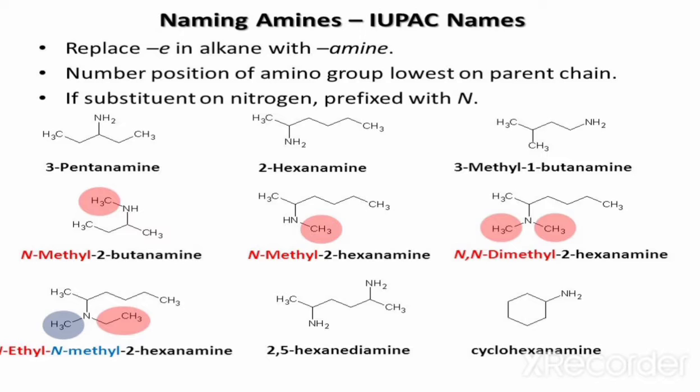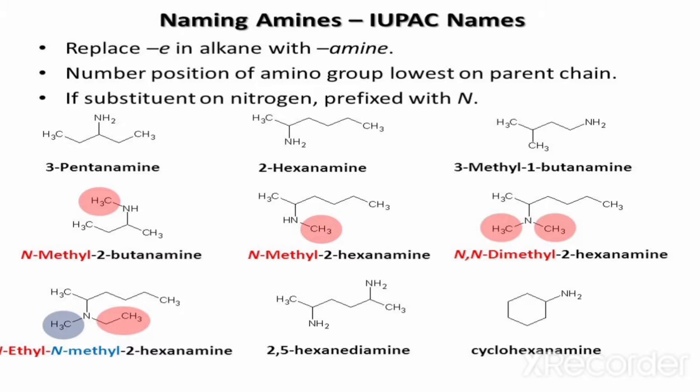And the other example is when the amino group has two groups and these groups are the same, so we will write it as N,N-dimethyl, because these groups are the same. The methyl group we write as dimethyl, with a 6 carbon chain, and on the second carbon there is an amine group attached, so we will name it N,N-dimethyl-2-hexaneamine.